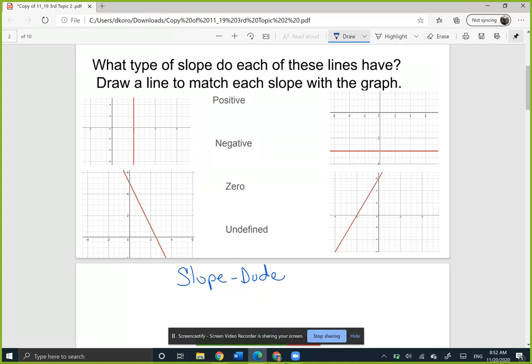Okay, so I'm going to go through this one a little bit quickly. According to Slope Dude, this graph is a vertical line. So it's going north to south, and the slope is undefined. On Slope Dude, undefined is the worst curse word in algebra. So we have an undefined slope for that one.